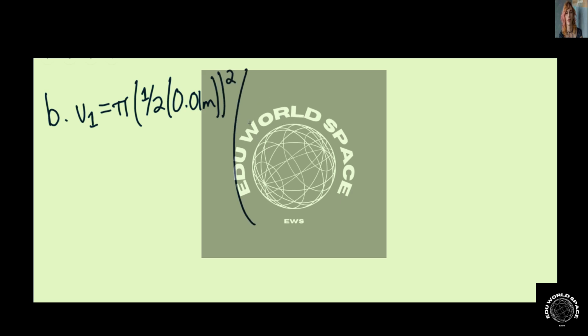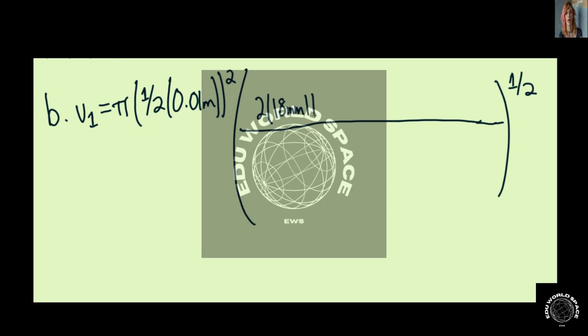So for part B, it'll be V sub 1 equals pi times 1/2 times 0.01 meters quantity squared, and then this will be to the 1/2 power. And this will be 2 times 18 millimeters of mercury times 133 pascals for every millimeter of mercury.